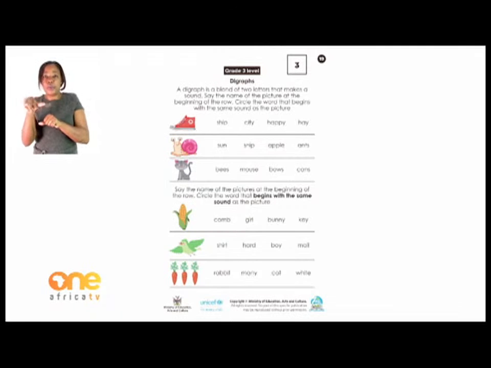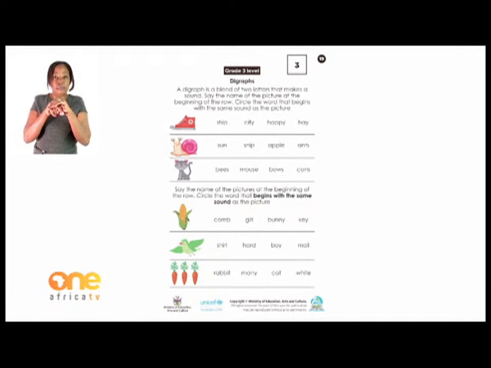They give us sh. Now, which one there do you think is the word that is having those 2 blending letters together? Number 1 is sheep, city, happy, and hay. Which word gives the sound of the picture?